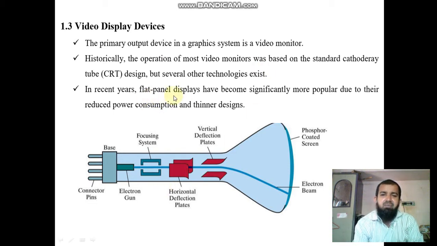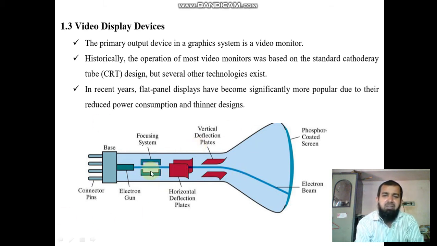In recent years, flat panel displays have become significantly more popular due to their reduced power consumption and thinner design. Flat panel displays take less space, while the CRT monitor takes more space and consumes more power.